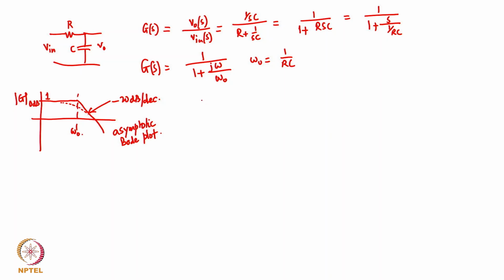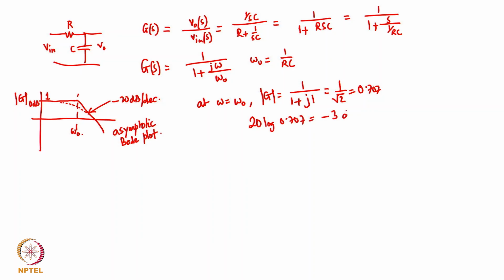Because at omega equal to omega 0, the gain will be equal to 1 by (1 + j1), which will be 1 by root 2. So this is 0.707, and 20 log 0.707 is nothing but minus 3 dB.